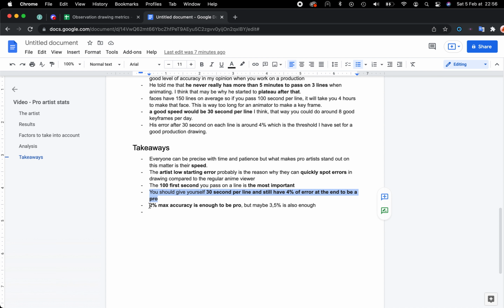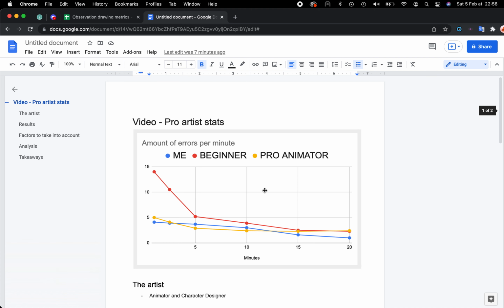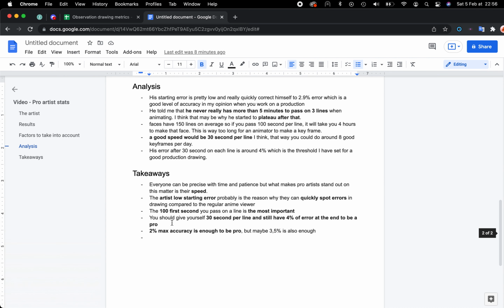And 2% max accuracy is also enough to be a pro. If you have some more time to correct your drawing and you are capable of going up to 2% max accuracy, that's good enough. But as we've seen, even my friend was able to reach 2%, but he was really slow. So maybe I should also see how long you should take to reach 2% accuracy.